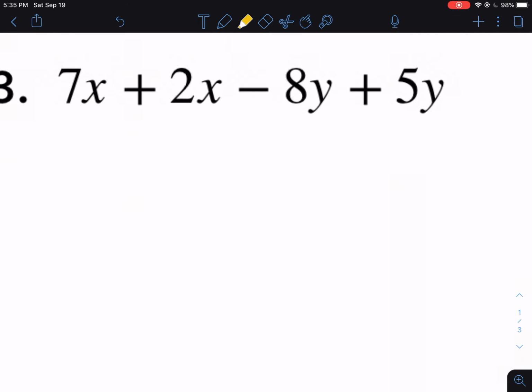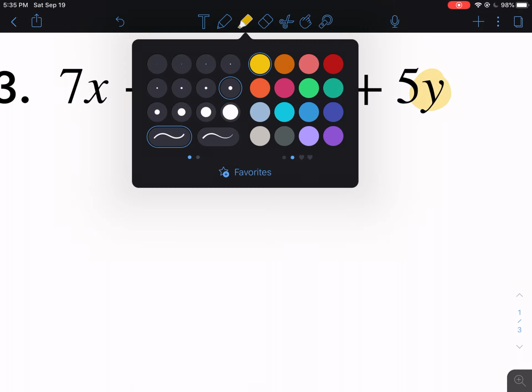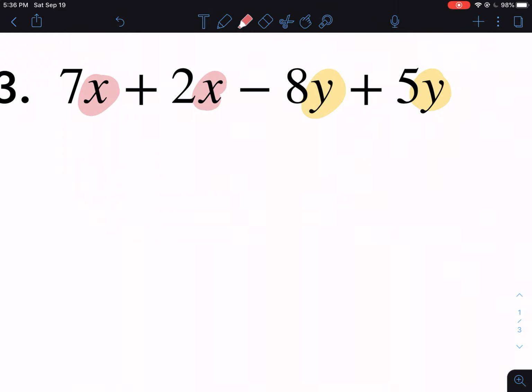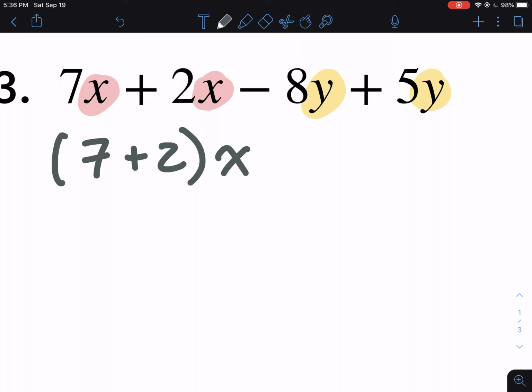And now we're putting our X boxes and our Y boxes all in the same place. We've got some Y boxes to deal with over here. We've got some X boxes to deal with out front. So we can combine like terms and clean this up. That gives us 7 plus 2 X boxes.